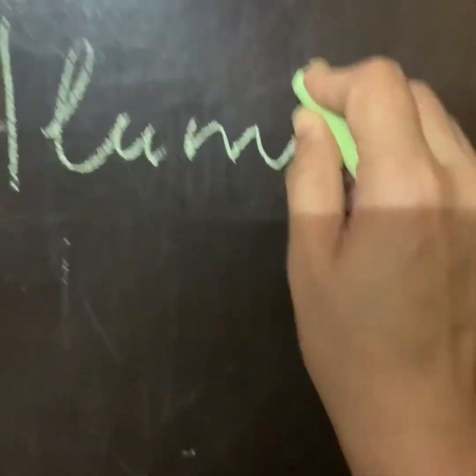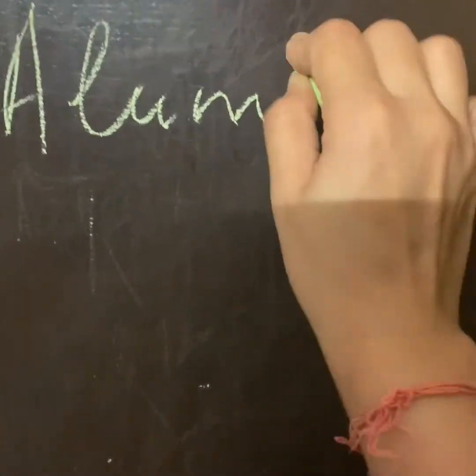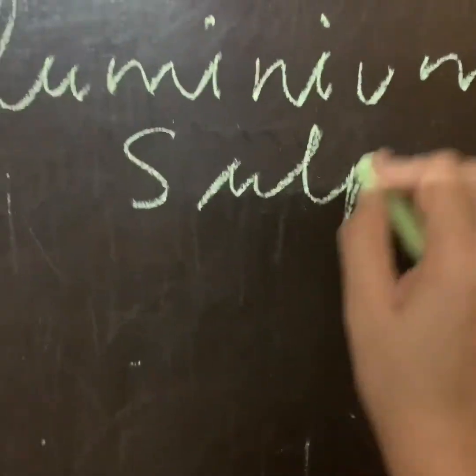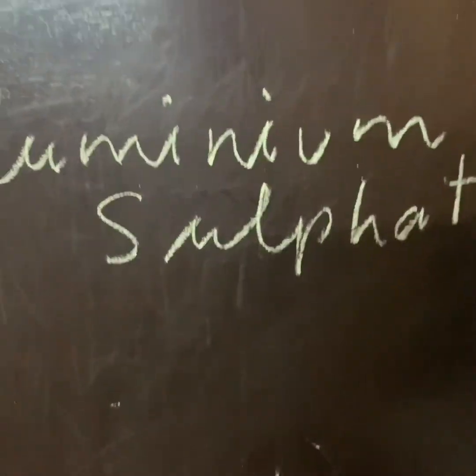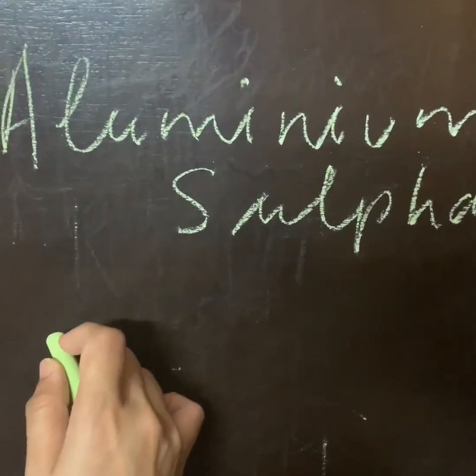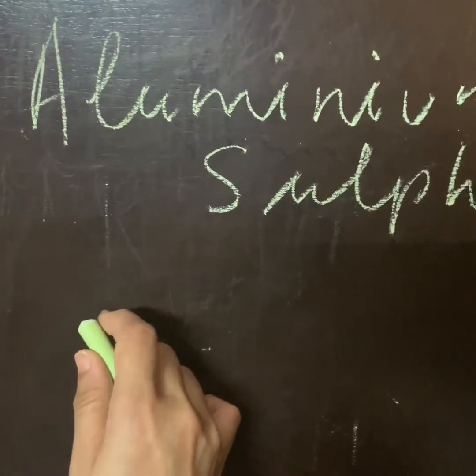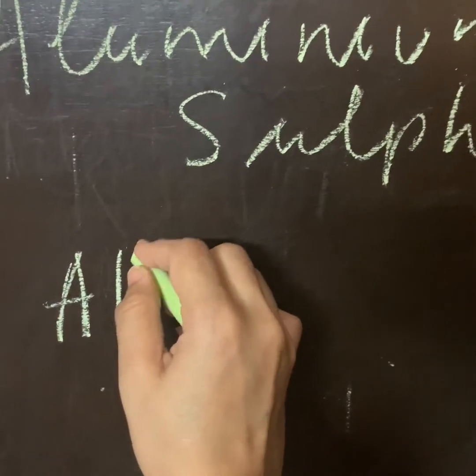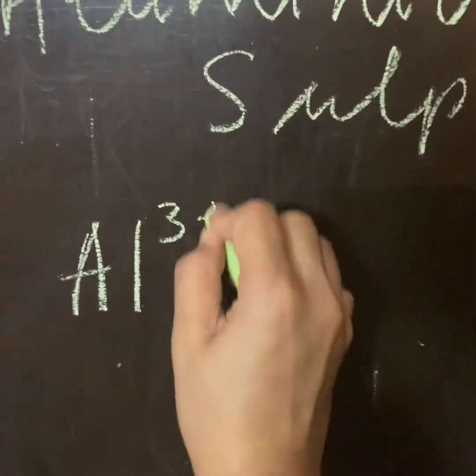Now let's take one more example. Aluminium sulfate. Here the positive ion is aluminium, so we write the symbol of aluminium first and the charge on the top right corner of the symbol, that is Al3 plus.